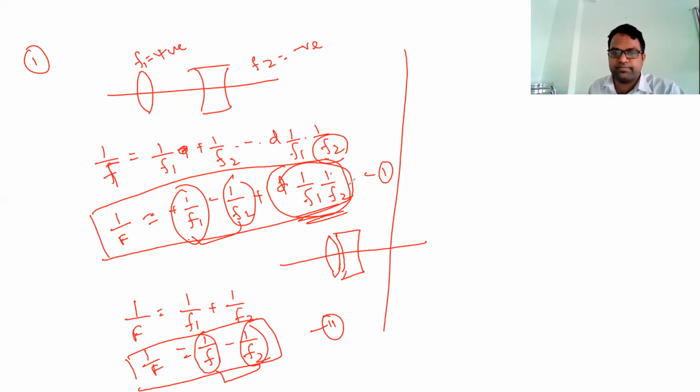Let's say the first is X and the second is Y. Which will be greater? Clearly X will be greater than Y. That means, calling the separated case 1 by fD and the contact case 1 by fC, 1 by fD is greater than 1 by fC.